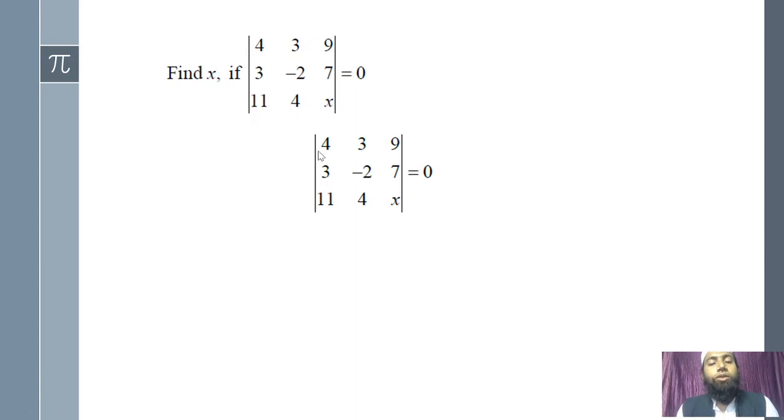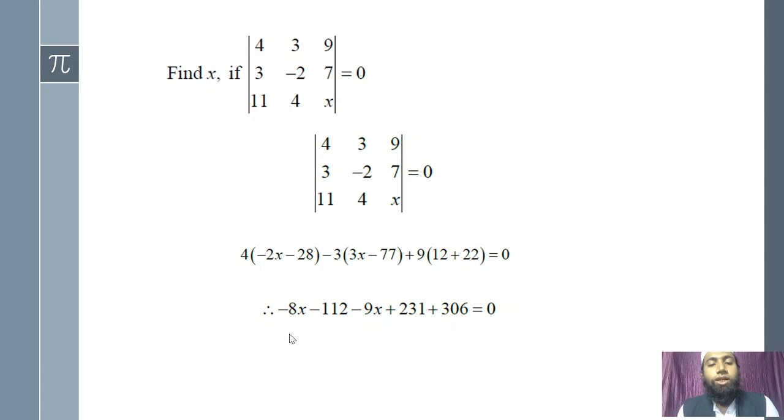So first of all, let us take what is given. Now multiply by taking this 4 and this cofactor, this minor, minus 3 into this minor, 9 into this one. If we simplify this equation, we are getting minus 8x minus 112 minus 9x plus 231 plus 306.